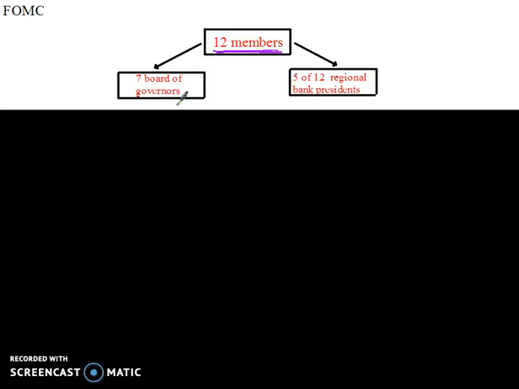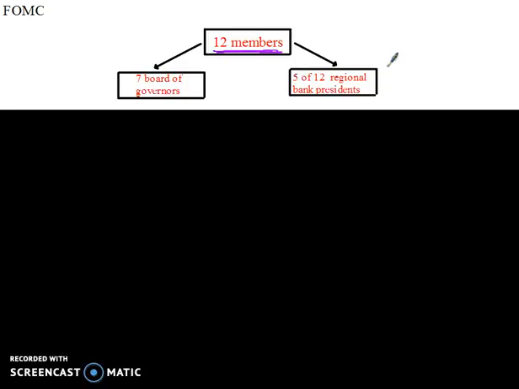It's also going to include 5 of the 12 regional bank presidents. Remember, you had those 12 regional banks, and each one of those regional banks has a president. 5 of those 12 are going to be part of the FOMC.